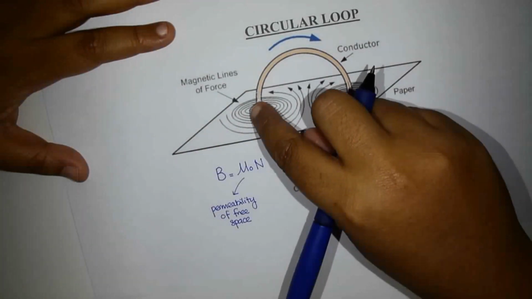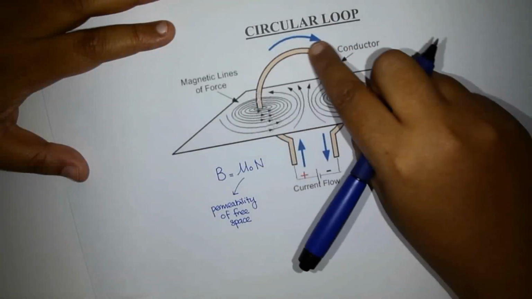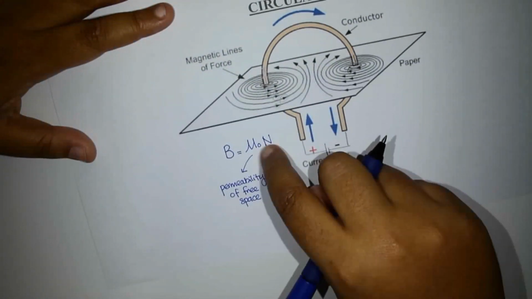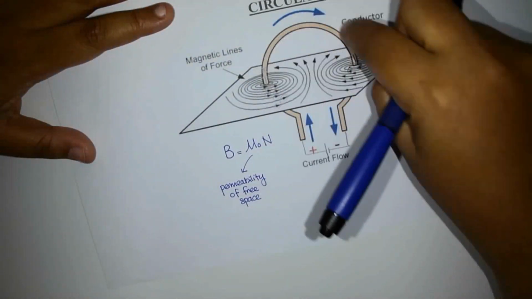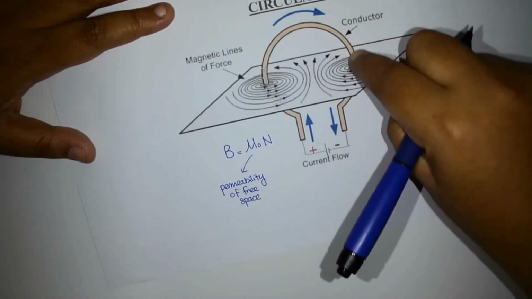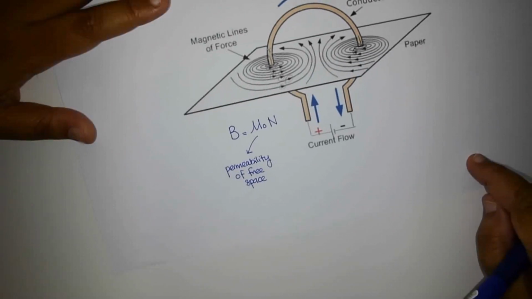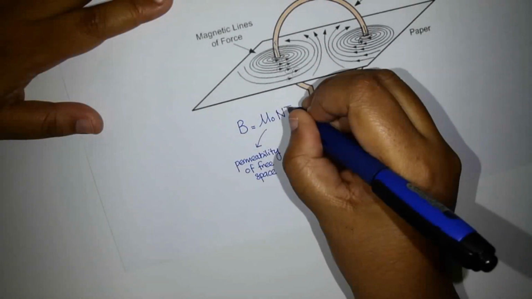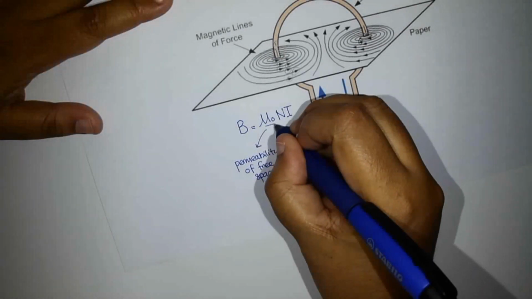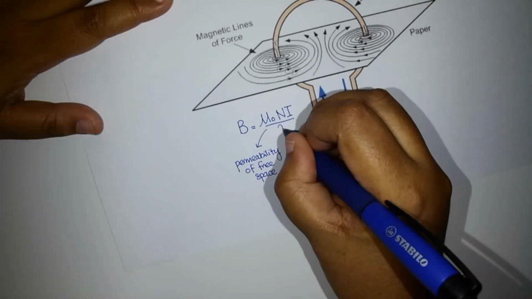In this example the number of turns is only 1. If you have many turns, then N will be according to the number of turns, but in this example N is only 1. Times the current that flows, divided by 2R.